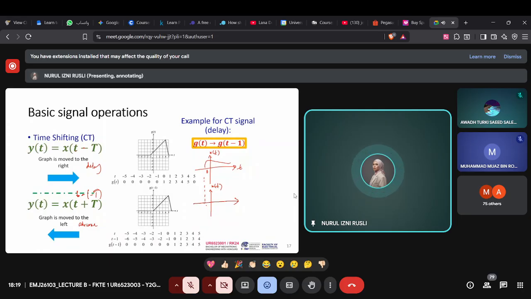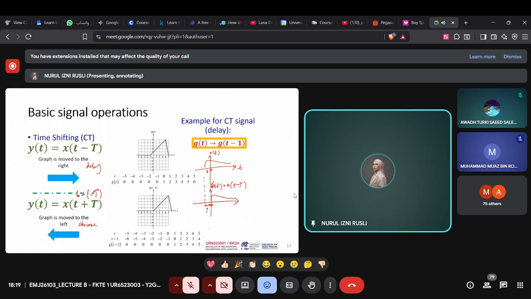So this is your t, now this is your t0. So you basically move the graph to the right. In this case, your new function, let's say phi(t), is going to be equal to x(t - T). Your signal now has a delay.